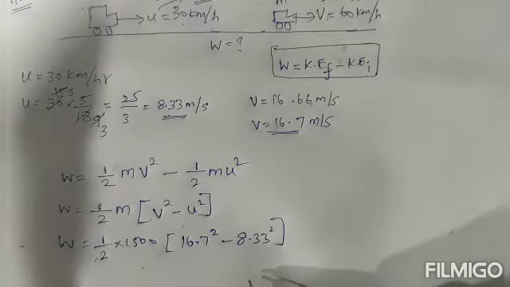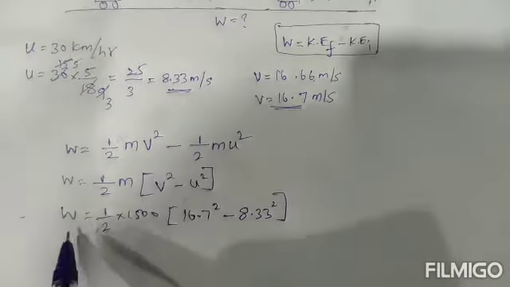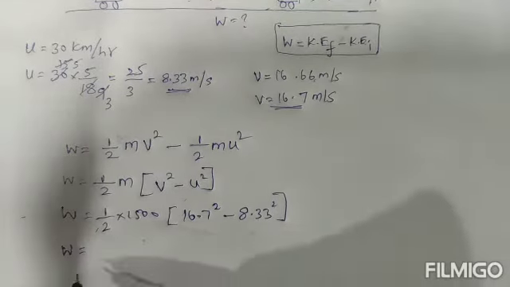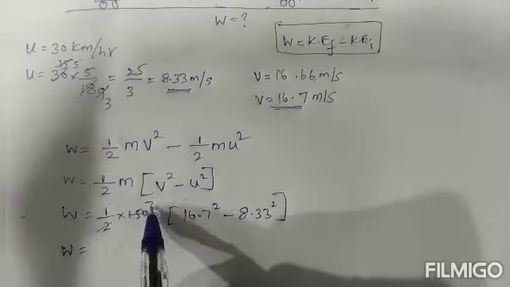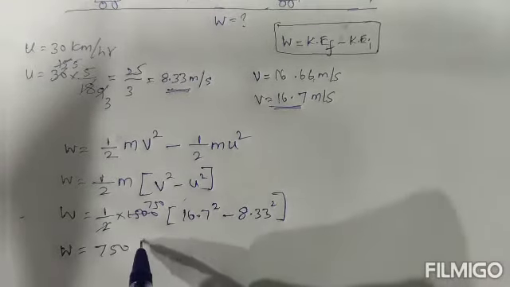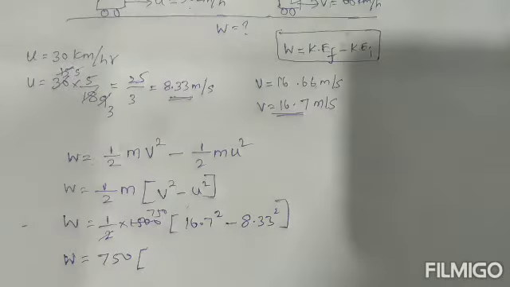Okay, right. So now I'm going to calculate next, the work done is equal to, half of 1500 is 750.